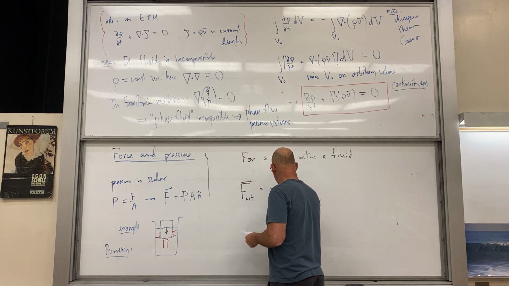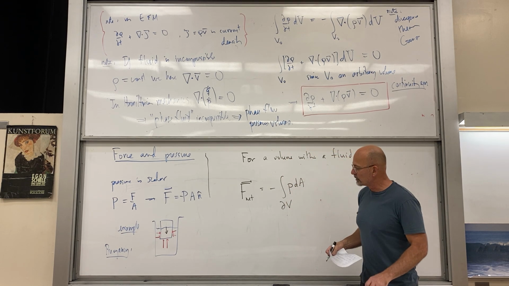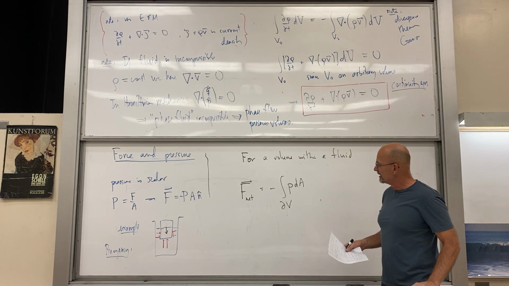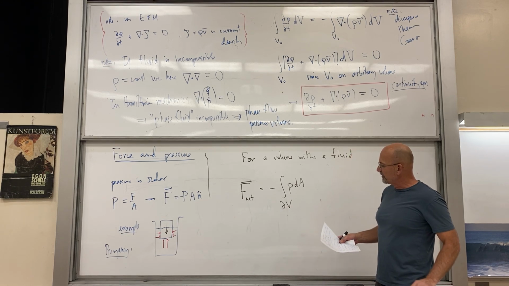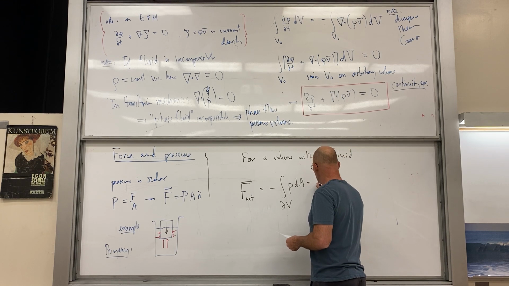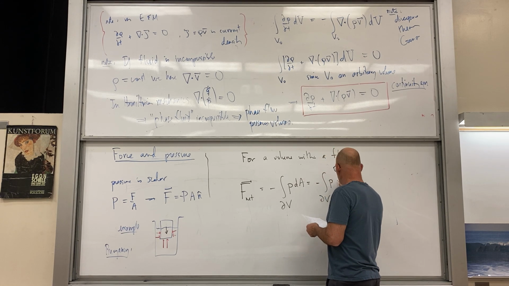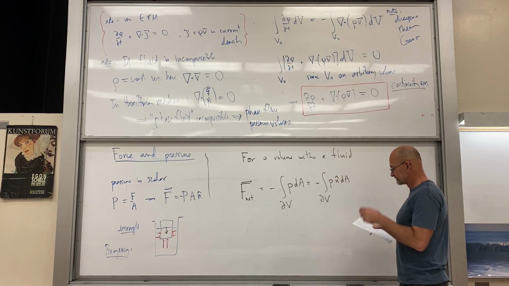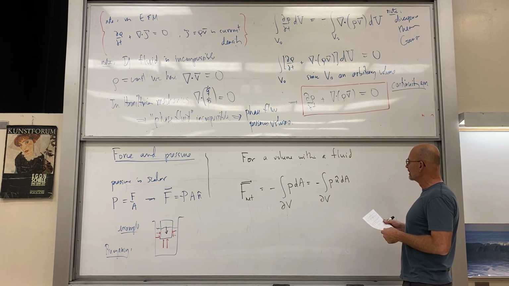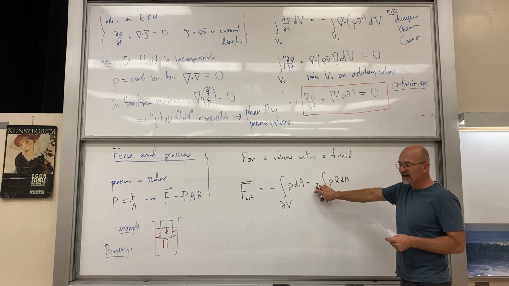It's going to be minus the integral of P dA over the boundary of that volume, for the reasons stated right here. Minus sign because of the outside surface normal. So I have to write here equals minus integral P n hat dA. Okay, so far so good. Pressure, surface normal, dA, minus sign, same argument as before.